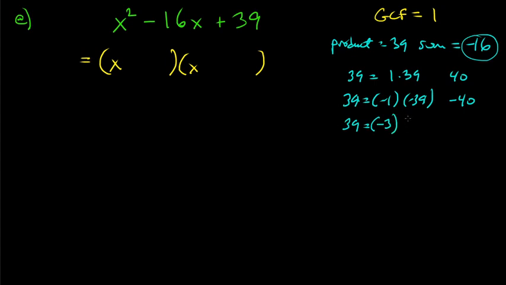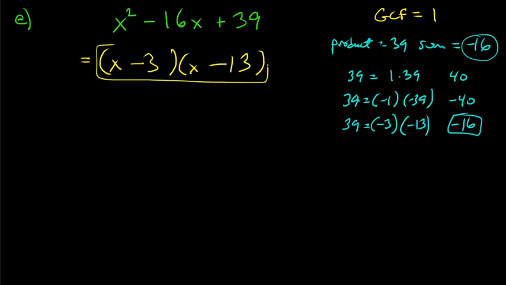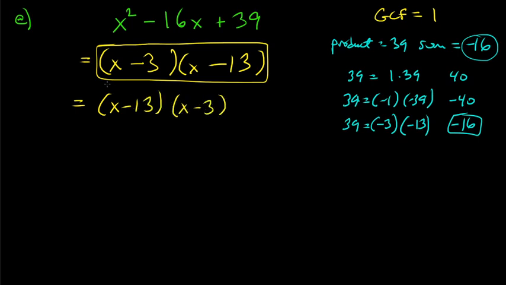Let's try negative 3. And sure enough, 39 divided by negative 3 is negative 13. Negative 3 plus negative 13 is negative 16. And there we go. So this will just be x minus 3 times x minus 13. Right. Or if you prefer, x minus 13 times x minus 3. Since order doesn't matter.